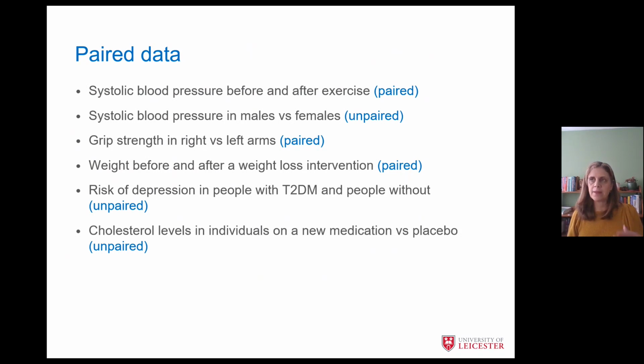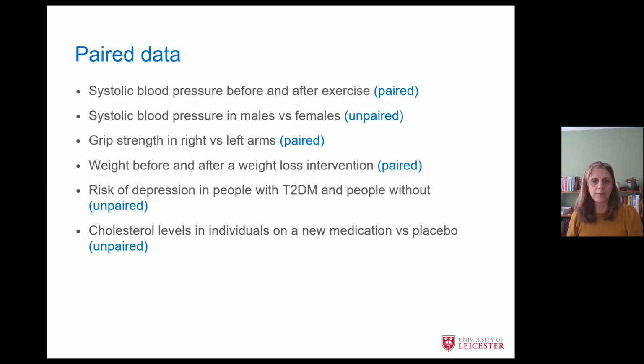So if, for example, you're comparing a group of individuals with type 2 diabetes and a group of individuals without, what you might do is, for every person you include in your study who has type 2 diabetes, match them with someone without diabetes who has similar characteristics. So you might select someone without diabetes who's the same age, ethnicity, and sex.